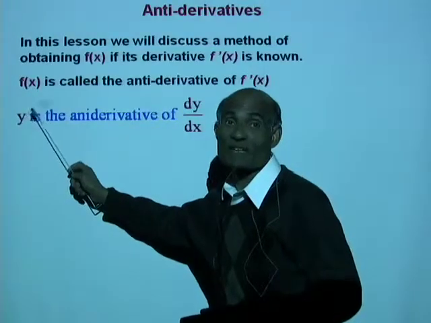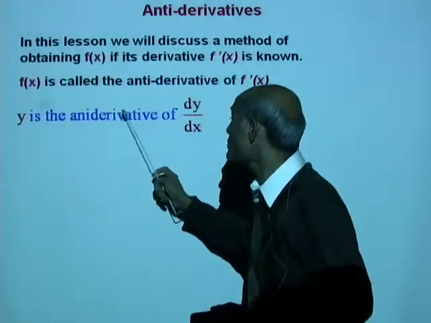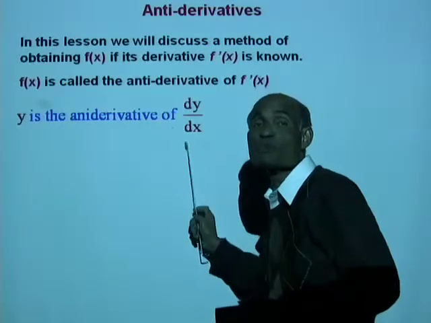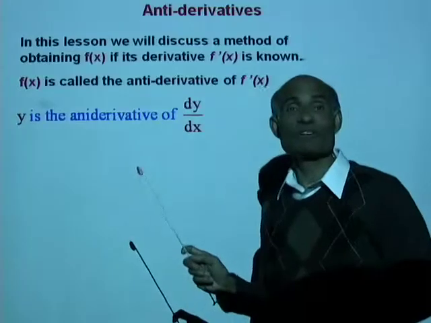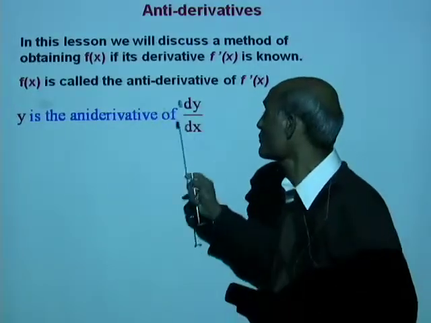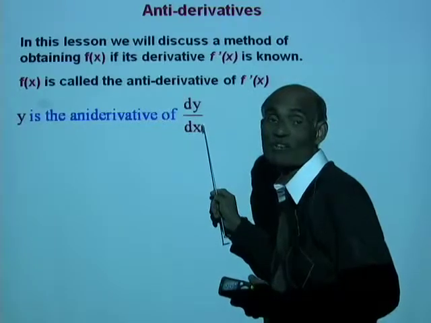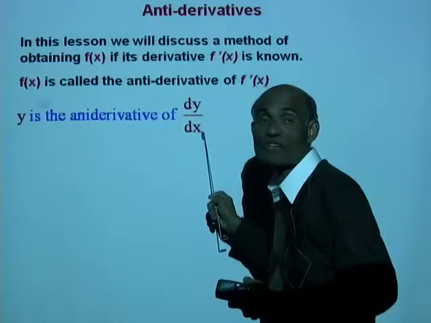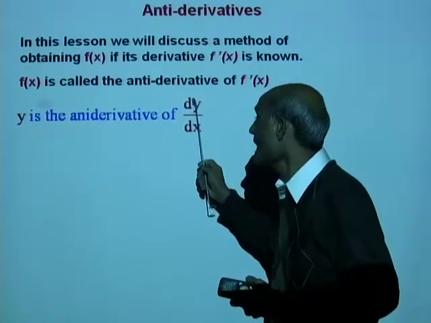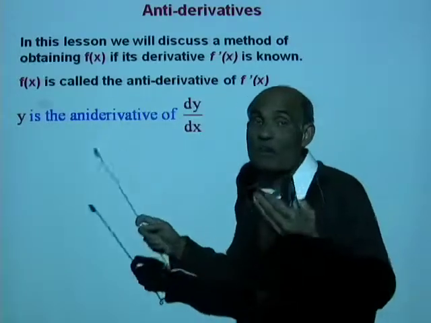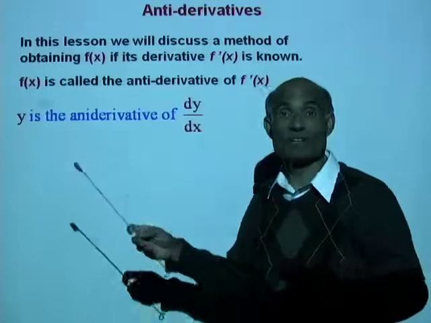Another way of saying it: y is the antiderivative of dy by dx. What does dy by dx stand for? Dy by dx is the derivative of y with respect to x. I want you to understand here, x is the independent variable and y is the dependent variable, and the dependent variable is our function.